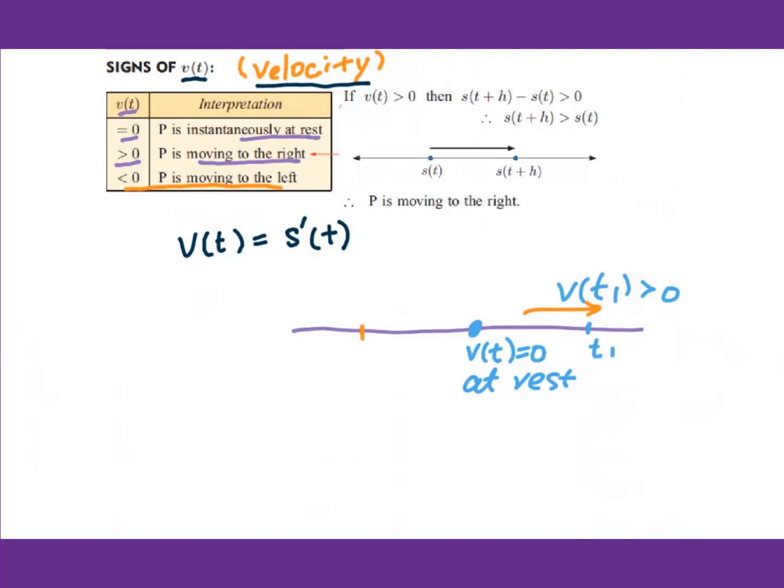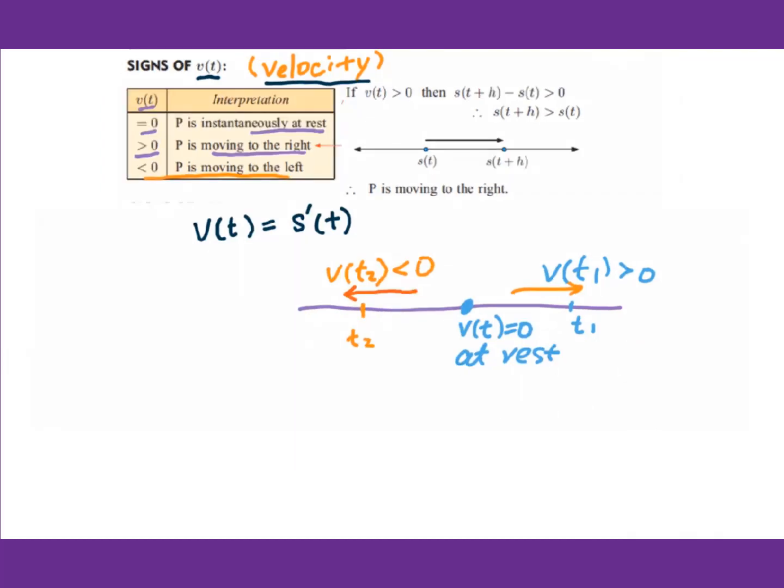When we have t2, if v of t2 is less than 0, then the particle is moving to the left. When v of t equals 0, the particle will reverse direction.